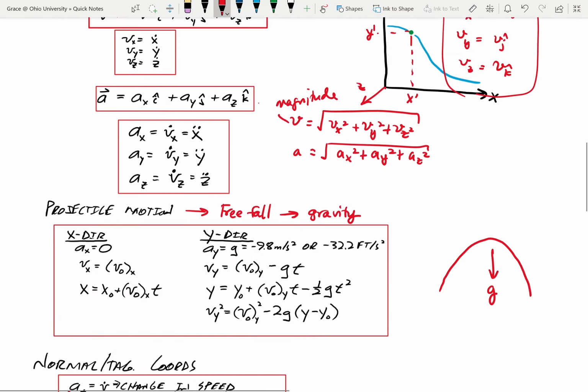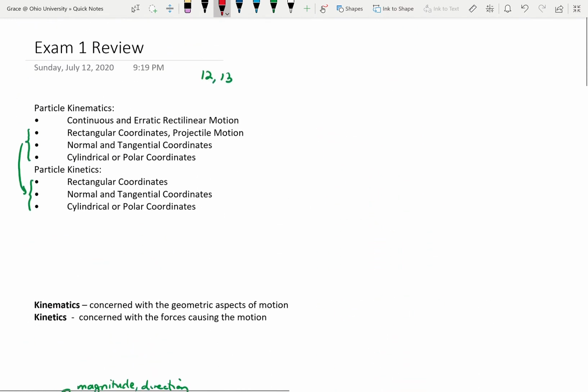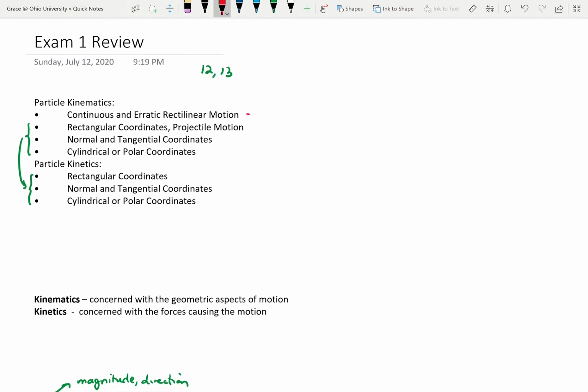Okay, so going back up here to look at what we have at the top. This one has to do with traditional velocity, which equals the derivative with respect to time of displacement. Acceleration is equal to the second derivative of displacement with respect to time, or the derivative of velocity with respect to time.